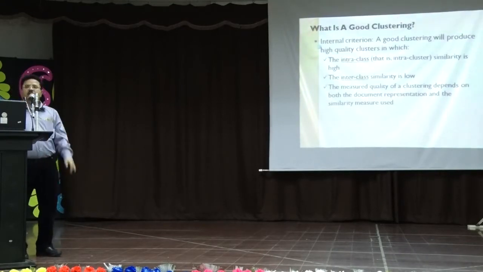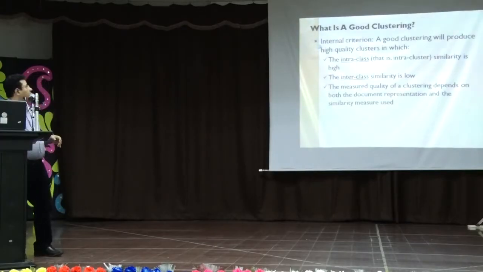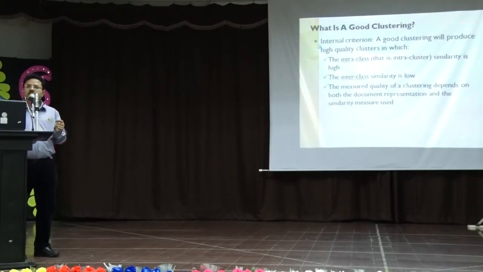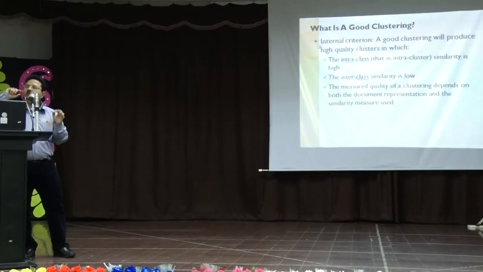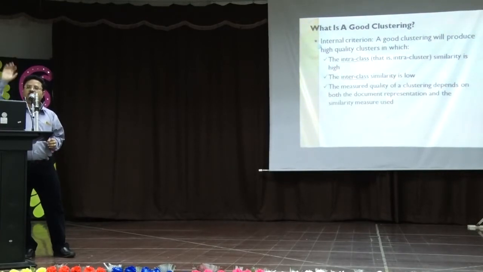Now what is a good clustering? Good clustering means, since we are grouping objects depending on features, the targeting objective is to group them based on the similarity between the features of the different data points. That means those data points which have similar features will be grouped in a single cluster, and those which have dissimilar features will be grouped in another cluster.